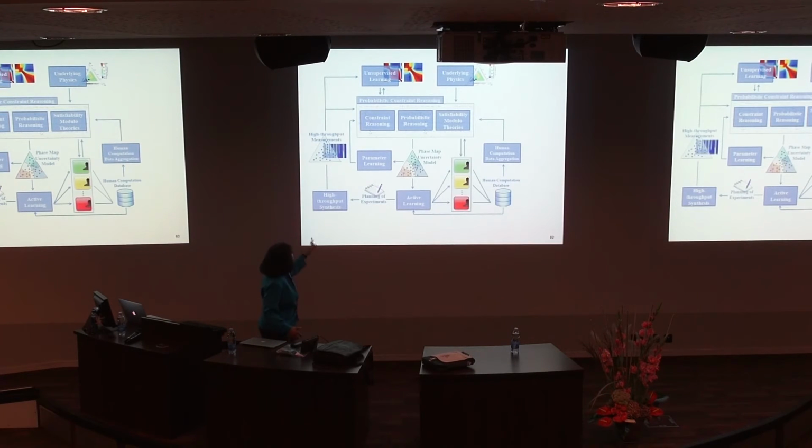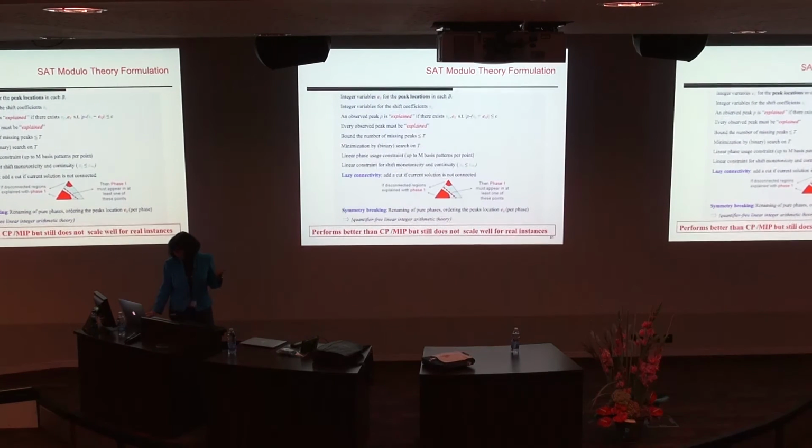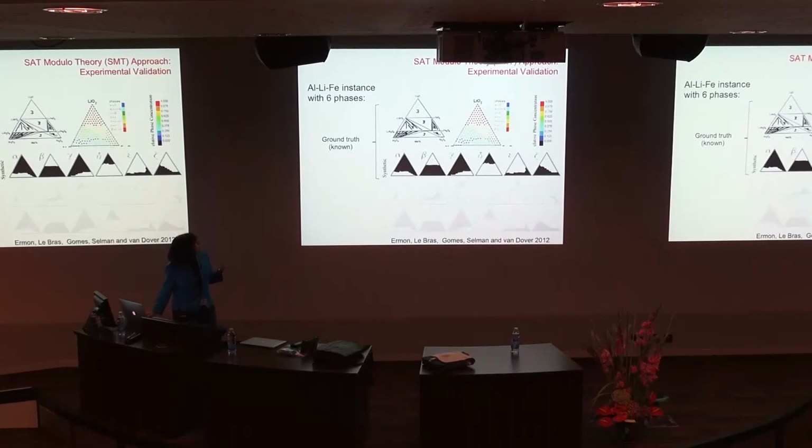Then we bring together different technologies, including, for example, satisfiability. And here is again, I mean, I'm not going to go into details. I think it's better to give you the big picture. Using a satisfiability modulo theories encoding, basically this is SAT extended with other theories to reason about numbers, we actually could solve this problem much better than CP.